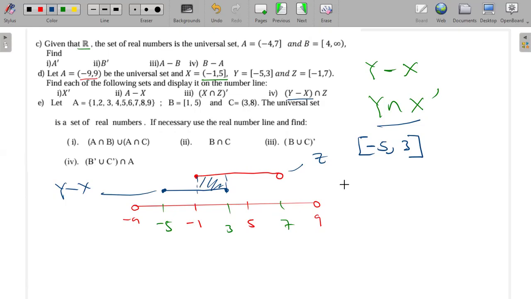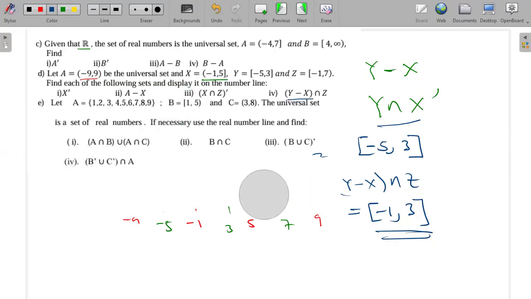So that means Y set difference X, intersect Z, is just going to be closed at -1 and going all the way up to 3, and it's closed at 3. So this here is that part. Well, okay, we move on to the next question.